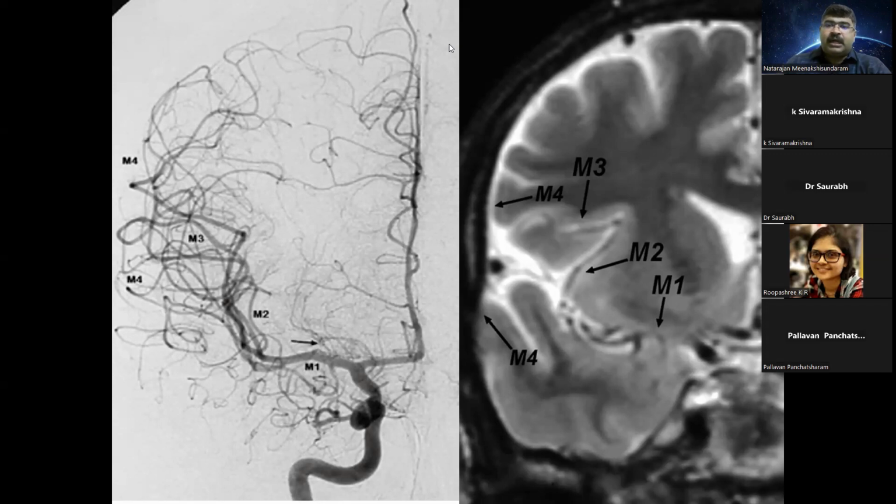Only then, because in dissecting MCA aneurysms, there is a proximal to distal approach and a distal to proximal approach. So there are two approaches. Either you dissect along the M3 and reach the bifurcation, or you go from the bifurcation to the M3. That is called the proximal to distal approach or distal to proximal approach. It depends on the projections and your expertise.